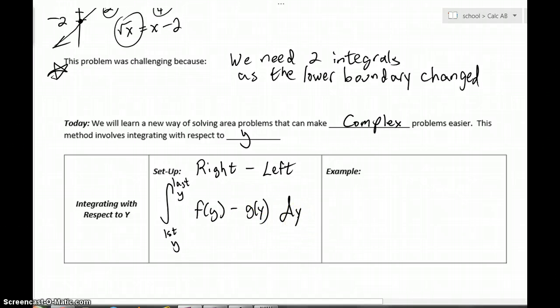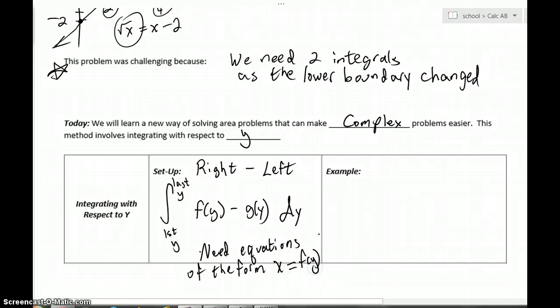If we're working with respect to y, we need equations of the form no longer of y equals something, but x equals certain functions with respect to y.